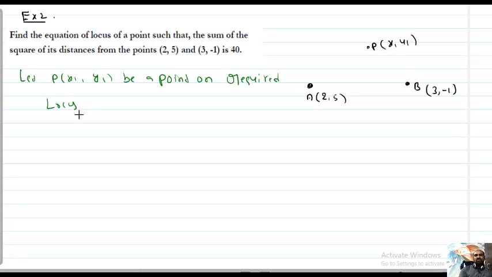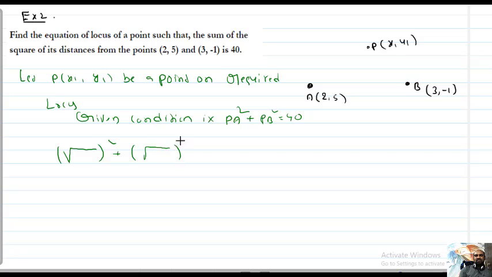Okay, so the given condition is PA square plus PB square equal to 40. So PA square means what? Root over something square plus root over something square, where something means the distance.